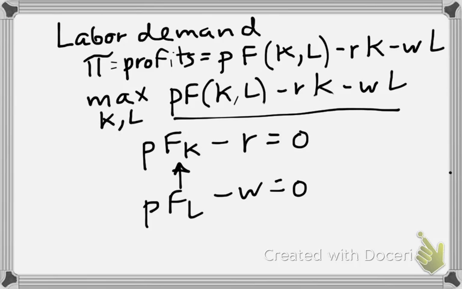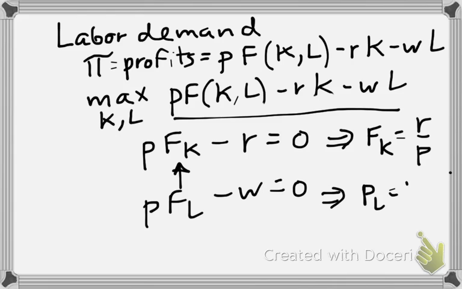That's straight from calculus, taking the partial derivative of the equation. And this implies that f'(K) equals R over P, and f'(L) equals W over P. The marginal product of labor equals the real wage, and the marginal product of capital equals the real cost of capital.